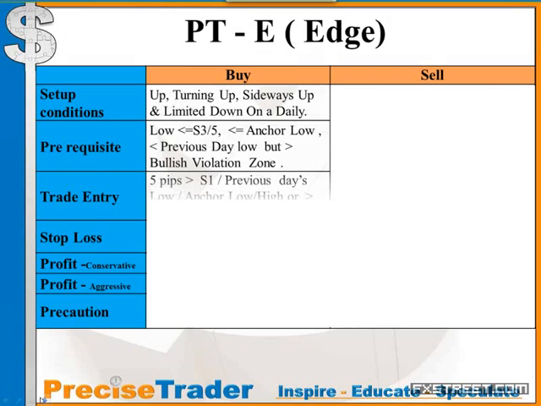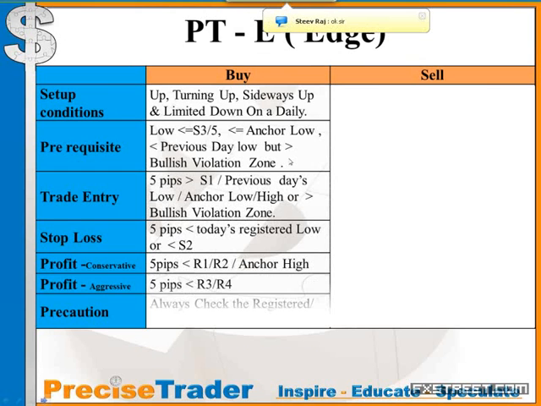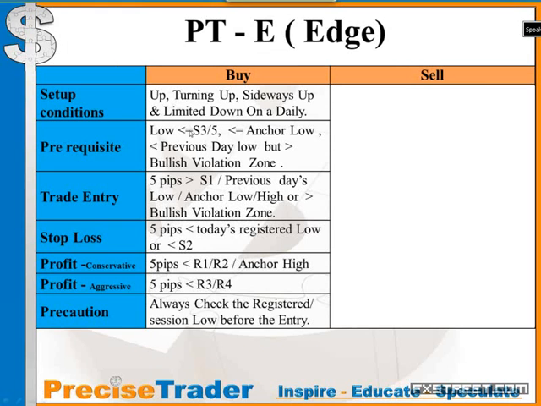The next strategy is what we call a PTH, or PTE. Basically, the setup conditions are still the same. Now, the difference is, the low is less than or equal to S3 or even S5.